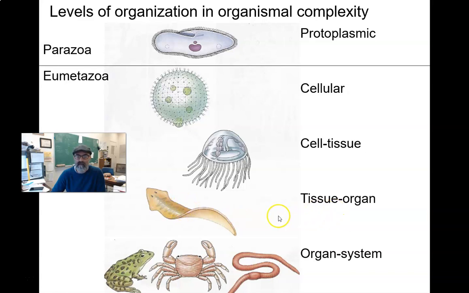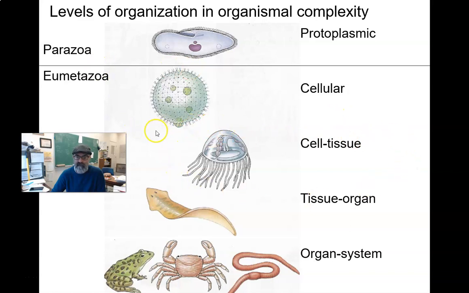But those organs are independent of each other and they're not working together in an organ system. That is the highest level of complexity, which, by the way, most animals occur at: the organ system level. And not surprisingly, the earliest animals, like sponges, occur at the cellular level of complexity.